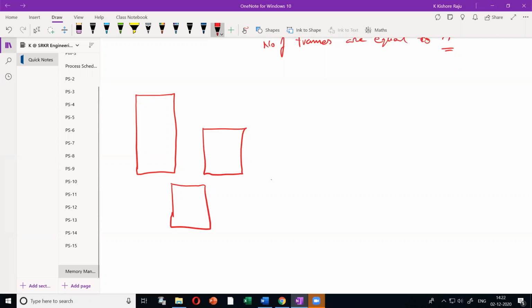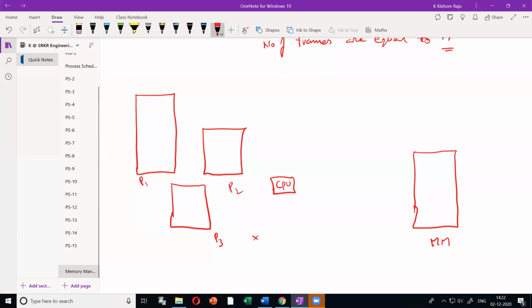Okay, all are aside, and this is my main memory. Instead of dividing the processes P1, P2, P3 into pages initially, I will do it in the reverse order.